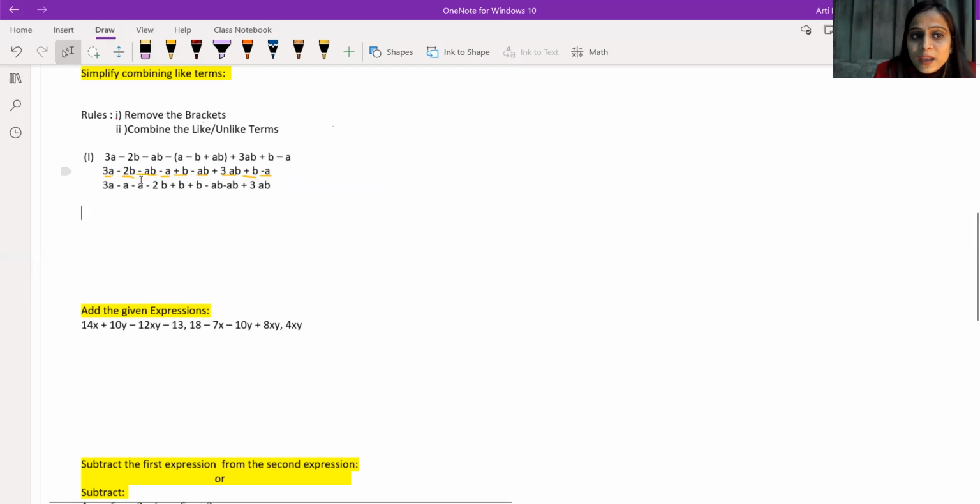When you open the bracket and when you combine the like terms, the number of terms must be the same. If 1, 2, 3, 4, 5, 6, 7, 8, 9 terms are there, there should be 9 terms after rewriting the like terms together, because this step is very, very important. If you make any mistake here, the rest of the sum will go wrong.